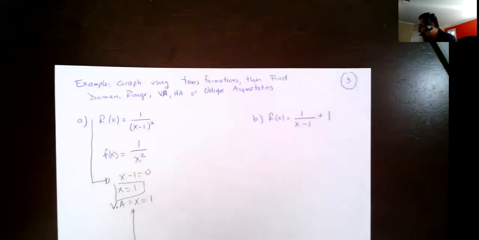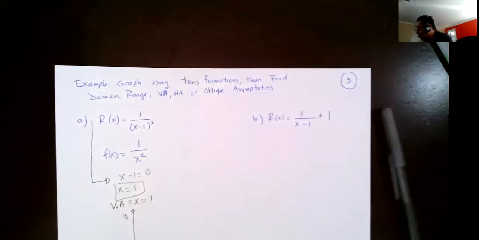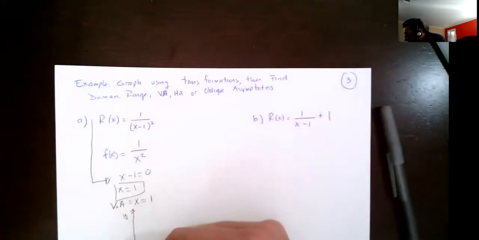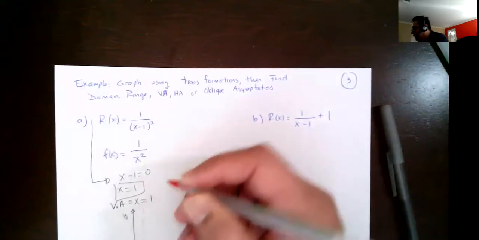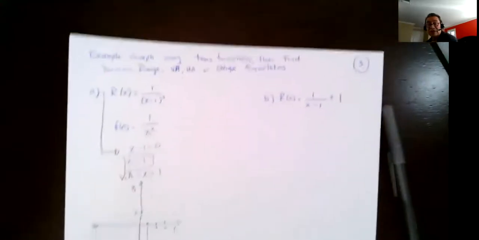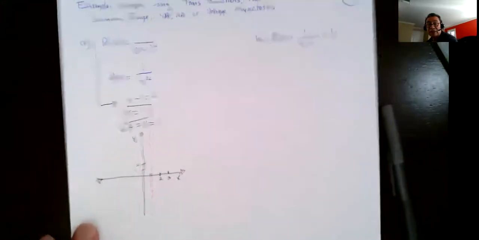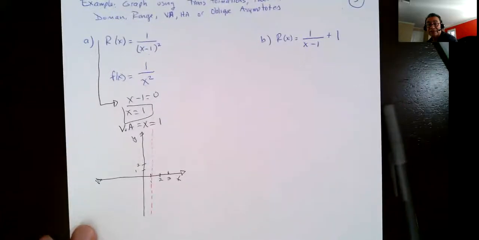1, 2, 3. And all we got to do is at 1, that would be the vertical asymptote. Let me just go down a little bit here. Is that clear? That's the vertical asymptote. Okay.